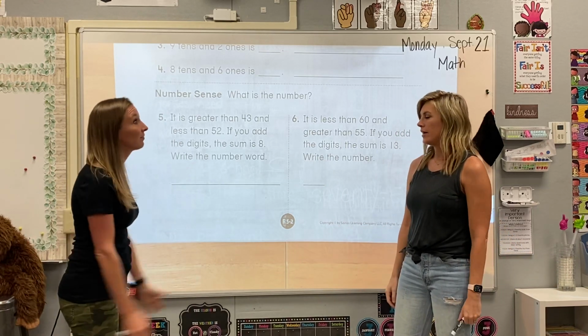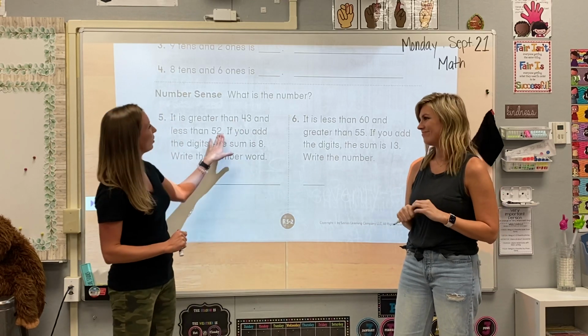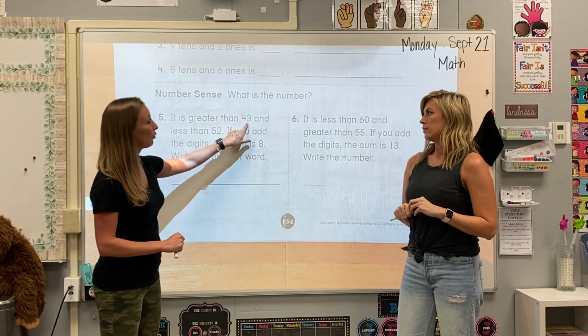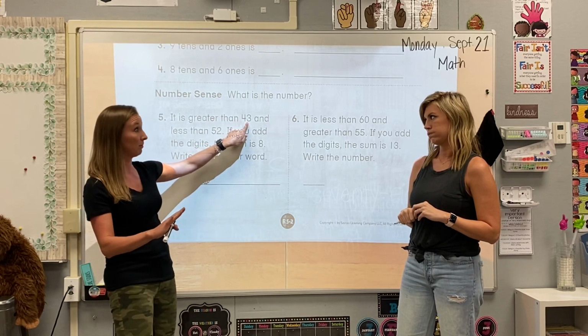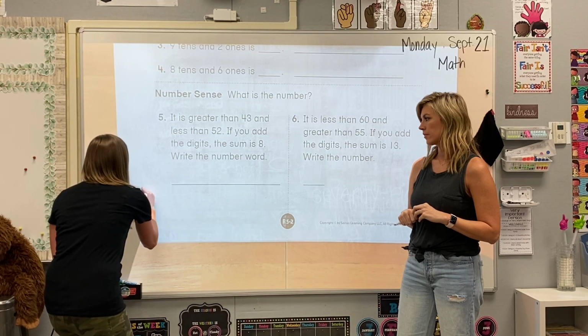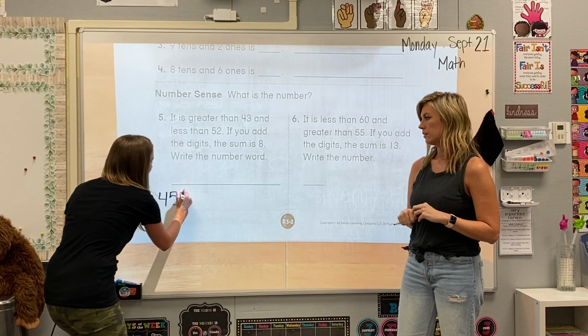I have an idea. We're going to make a list of numbers down here that go along with what it's asking. It's telling us it's a number greater than 43, so it cannot be 43. But it could be 44. It could be 45.